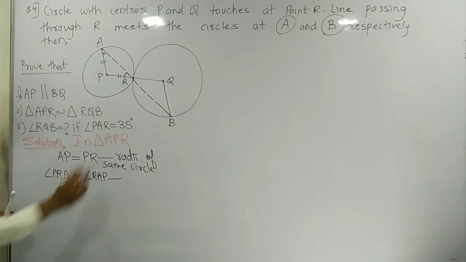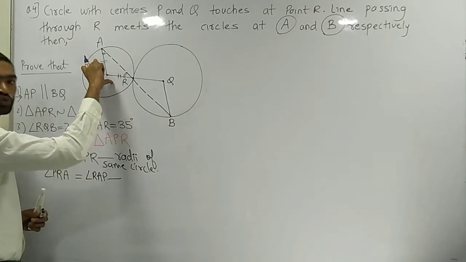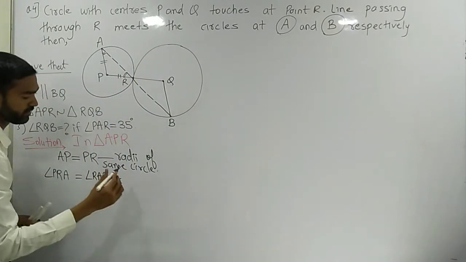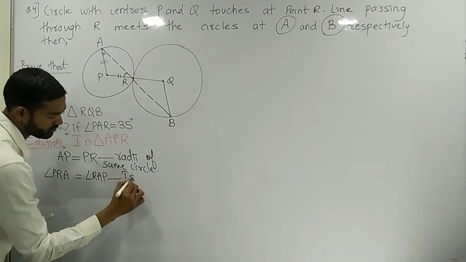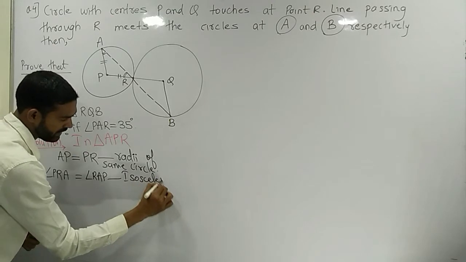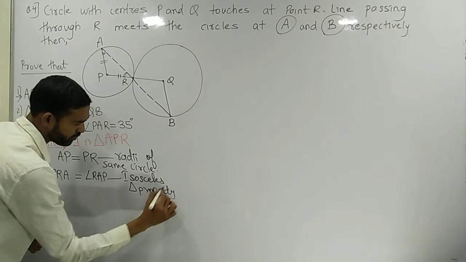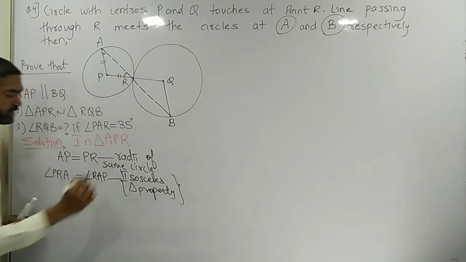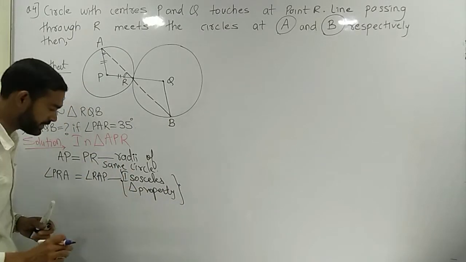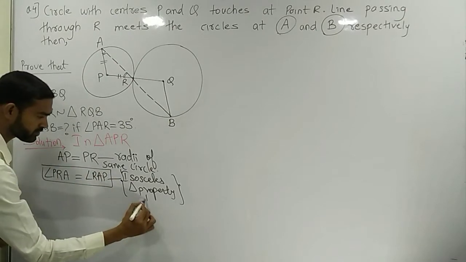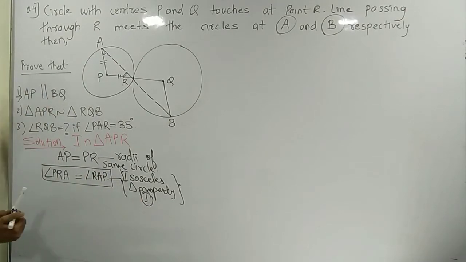Reason: in a triangle, if two sides are equal, their opposite angles are also equal. This is the isosceles triangle property. Clear everyone? This becomes equation number 1.